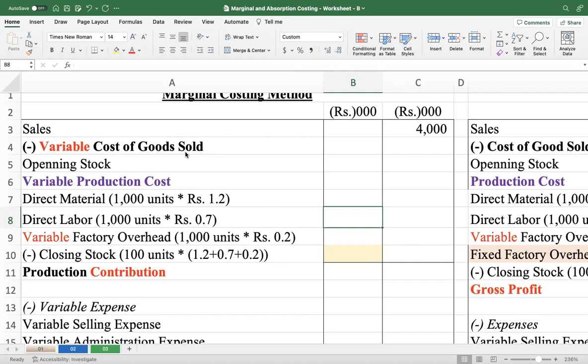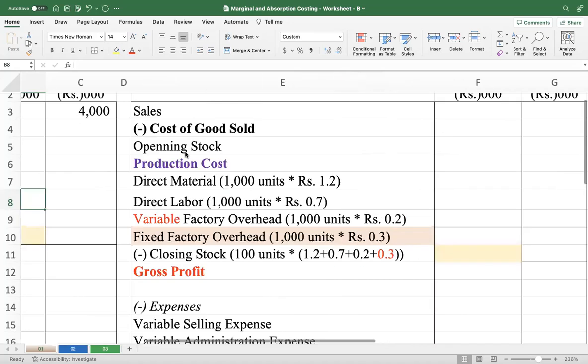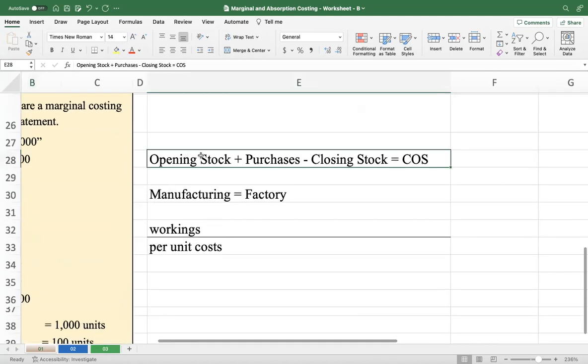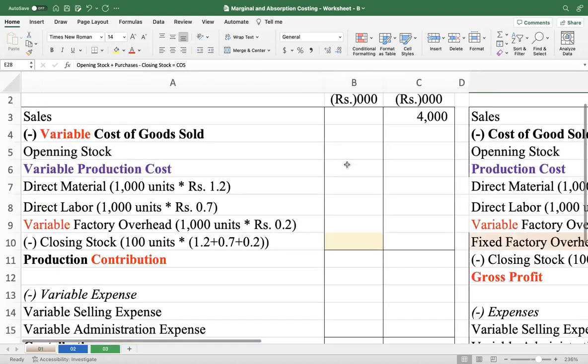Remember, this is not the total cost of goods sold, just the variable part of that cost of goods sold, right? So normally, how do we find the cost of goods sold? What is the formula we follow? This is the formula: opening stock, and if there are any purchases, we add it and we deduct closing stock, right?